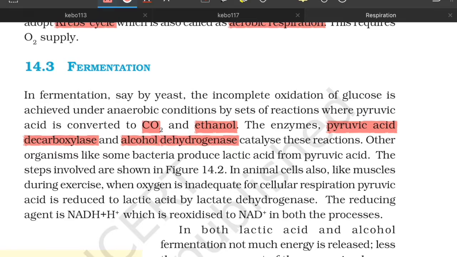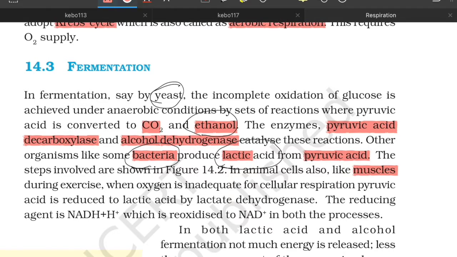Other organisms like bacteria produce lactic acid from pyruvic acid. So what is the eukaryotic example? Yeast produces ethanol. The prokaryotic example: bacteria produce lactic acid. Humans also produce lactic acid. Muscles during exercise produce lactic acid.